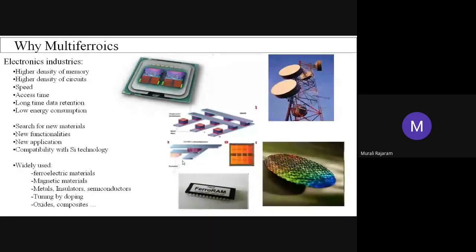The memory density is increasing at a rapid scale, and now it has almost reached a stagnant position, because the memory bit size has become so small that if you want to manipulate one bit, the neighboring bit will get disturbed. So we need to find some other new techniques if we want to still increase the memory bit density.